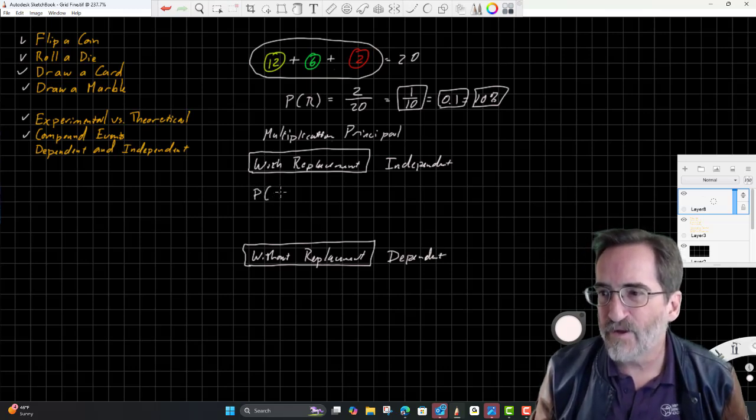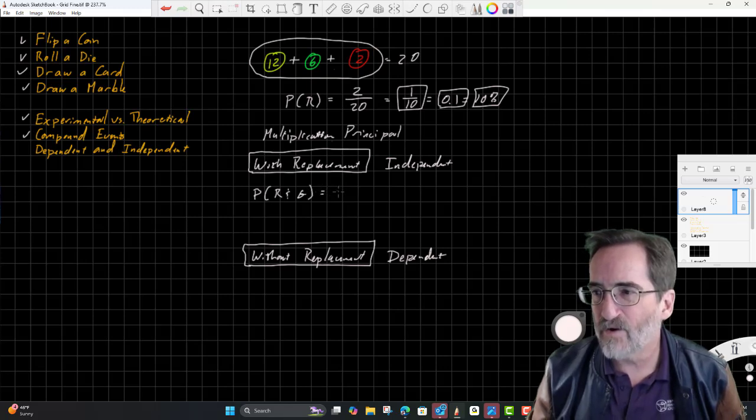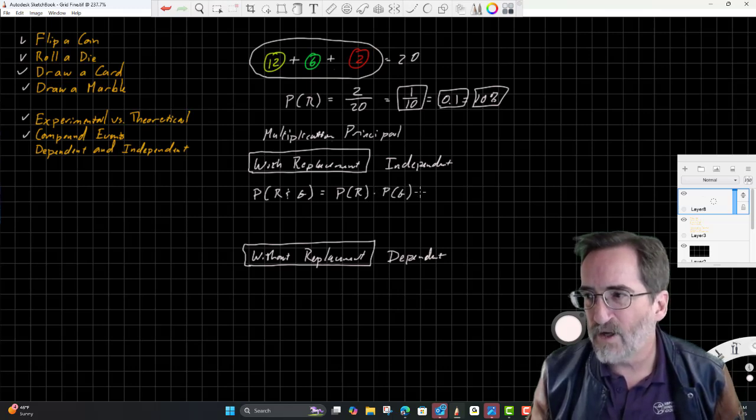The probability of, let's say, a red and a green. The probability of red and green is the probability of drawing a red times the probability of drawing a green.